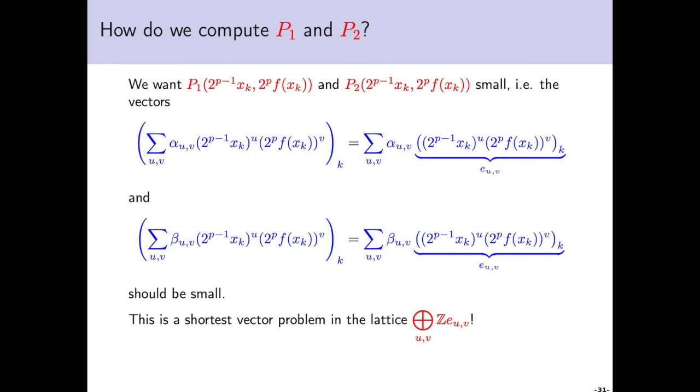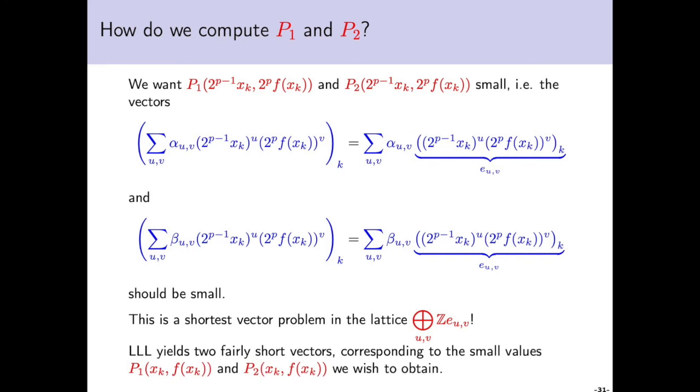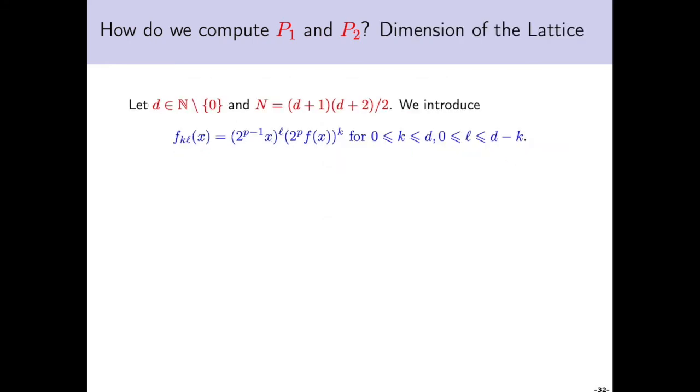So, I haven't talked about it. Yes, I need to introduce it now. So, the dimension is a function of the monomials I am considering in the writing of my polynomial.